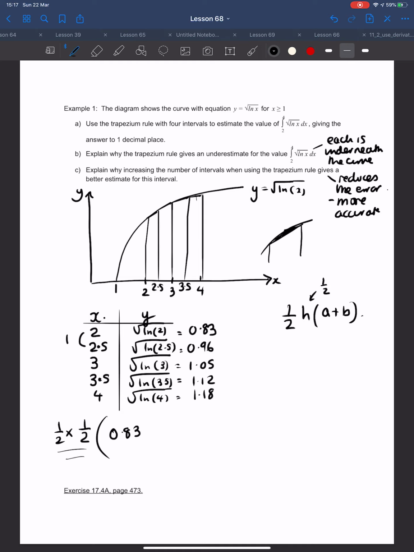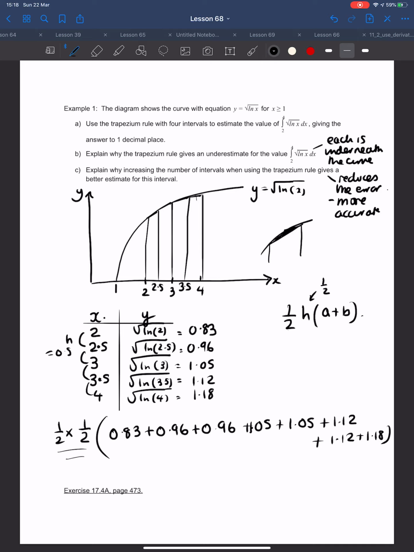That's the h there. That's 0.5 because they're going up in steps of 0.5. And there's a half from the formula already. So it's 0.83 plus 0.96 for the first one, plus 0.96 plus 1.05 for the second one. The next trapezium is 1.05 plus 1.12. And the last one is 1.12 plus 1.18.